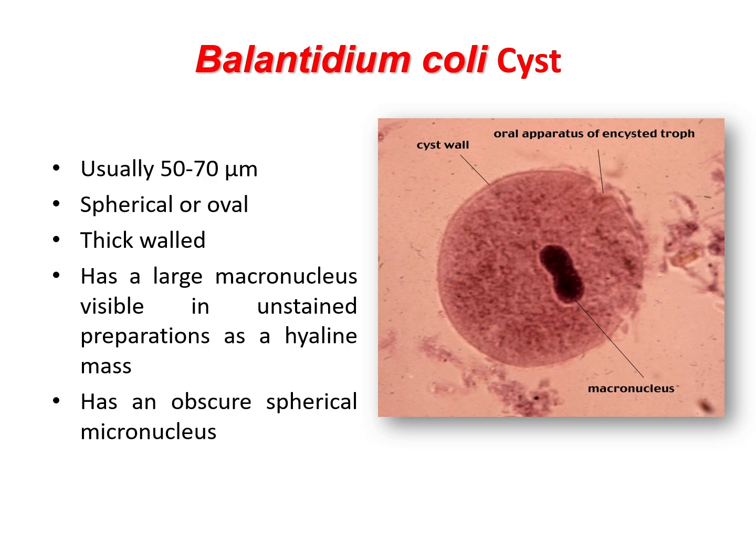As for Balantidium coli cyst, the cysts are usually also big in size. What characterizes them is their spherical to oval shape, and they have a large macronucleus that we can see very well even in unstained preparation. We cannot see the micronucleus unless we do a very high magnification.